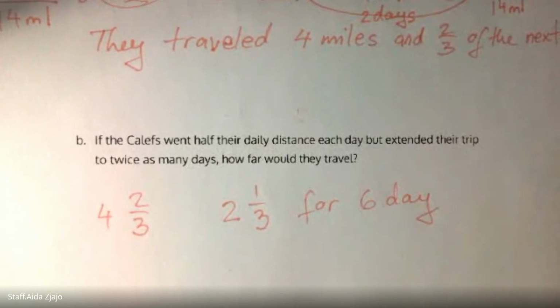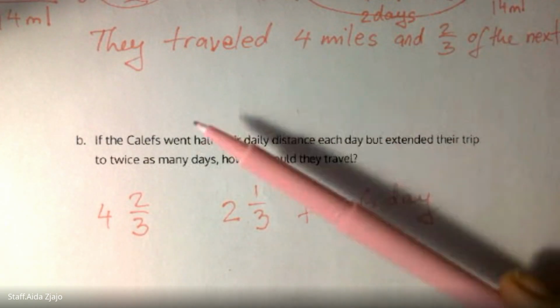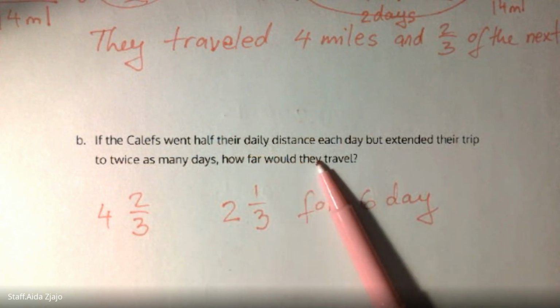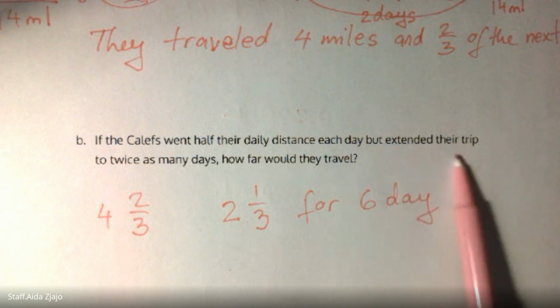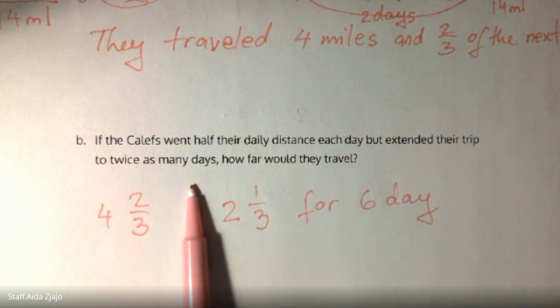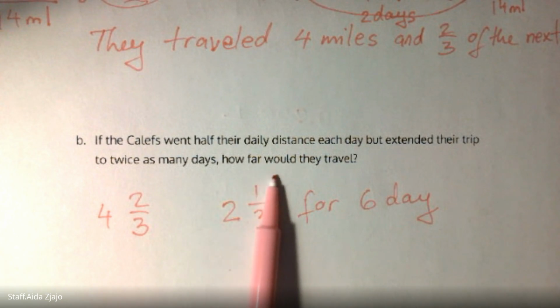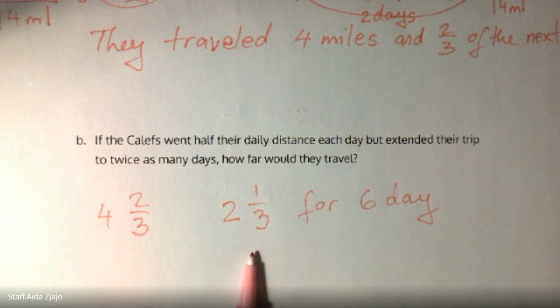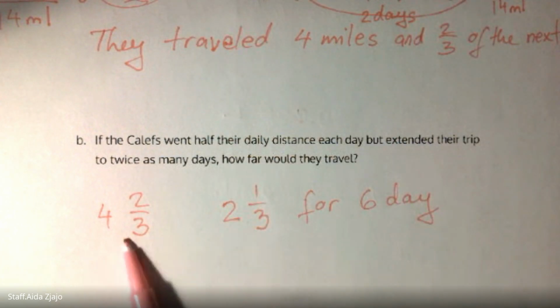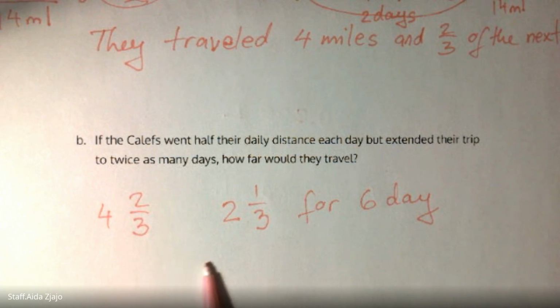So that means if they went half their daily distance each day but extended their trip to twice as many days, how far would they travel? So instead of 4 2/3 for one day, they will do 2 1/3 of a mile each day.